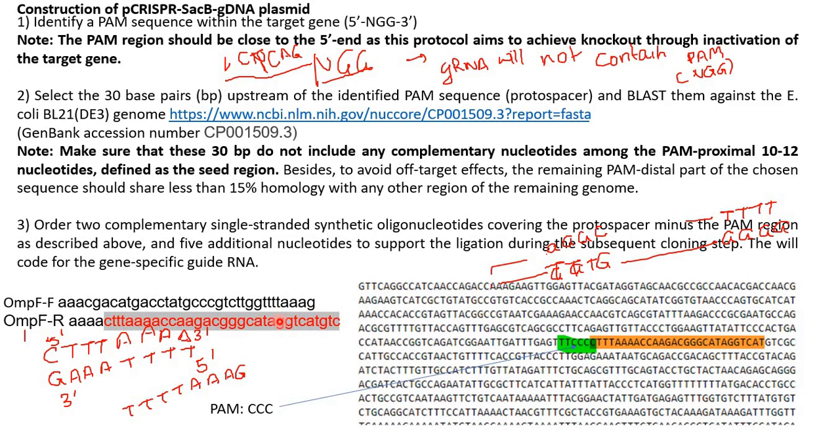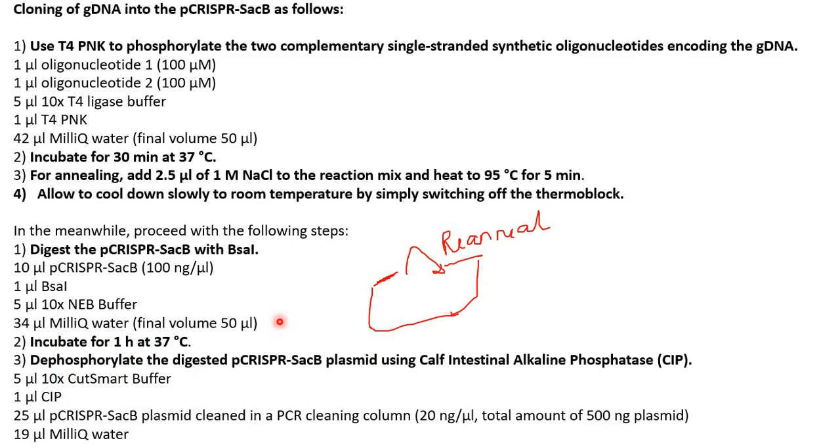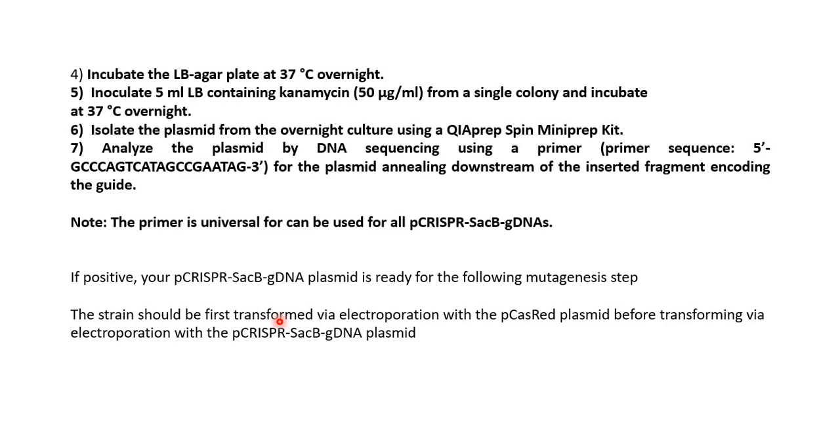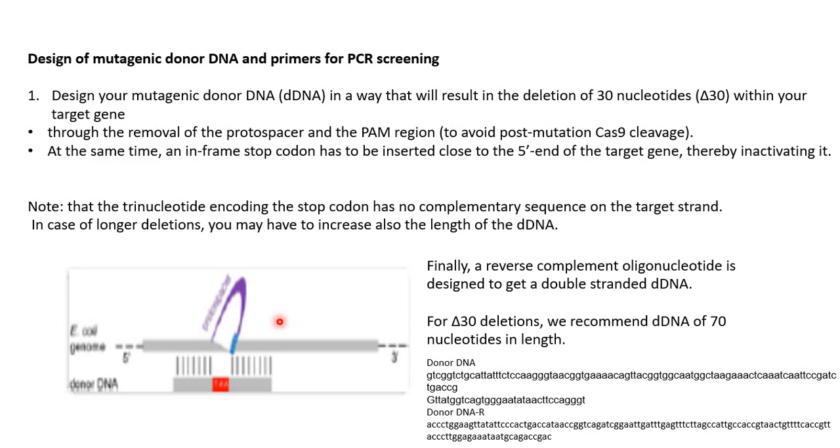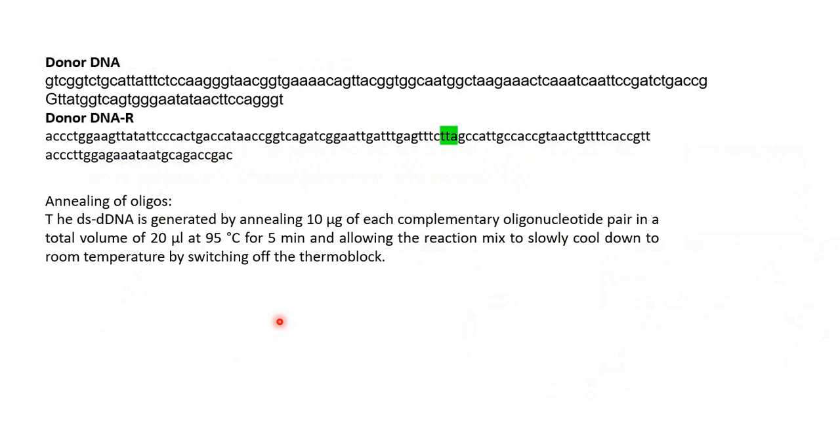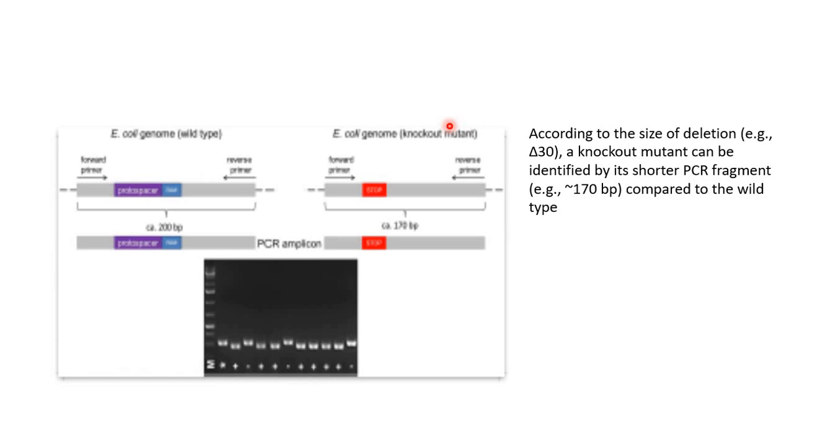Order these two primers and just follow the equations, and you will get everything in a perfect way. Here you can see in the donor I have added the TTA and deleted the protospacer and the protospacer adjacent motifs. Do the ligation reaction, run the gel, and you are good to go.